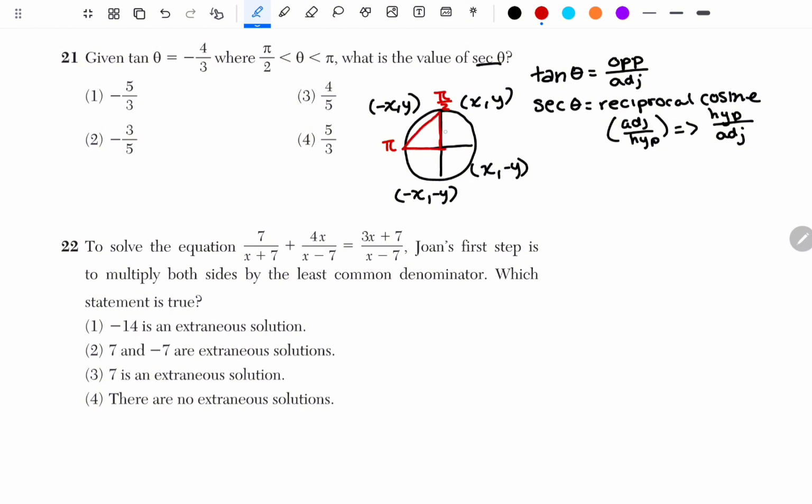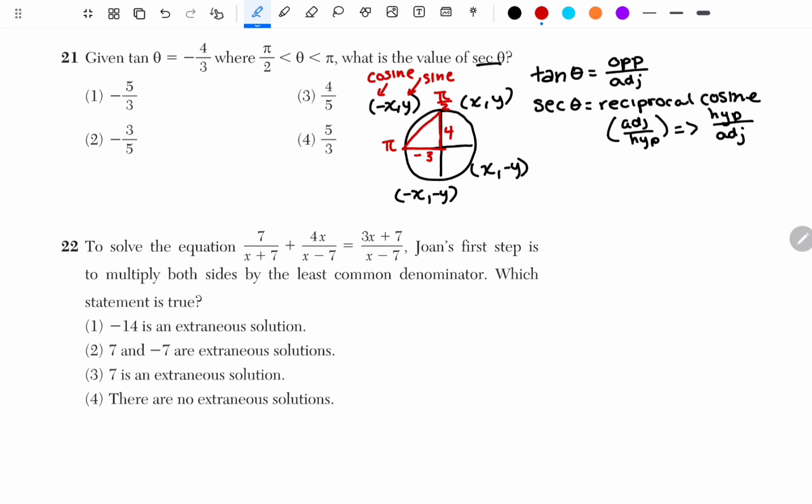And so if our triangle forms right here, we know that our 4 is going to be positive and our 3 is going to be negative. Because according to the unit circle, when we are in between pi over 2 and pi, our cosine is negative and our sine is positive, because x is cosine, y is sine.